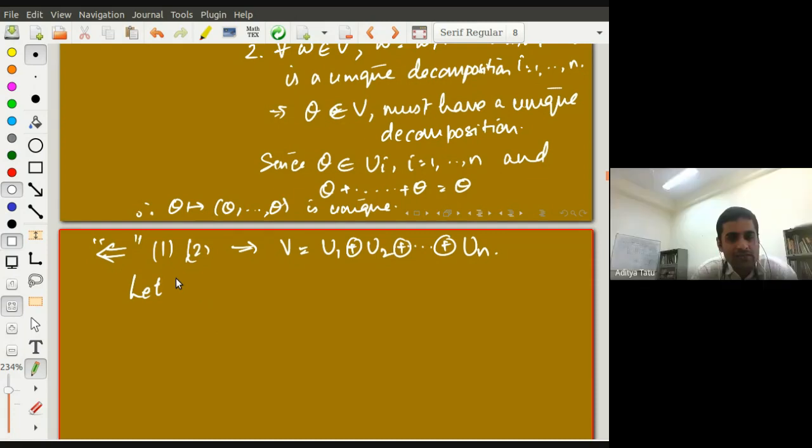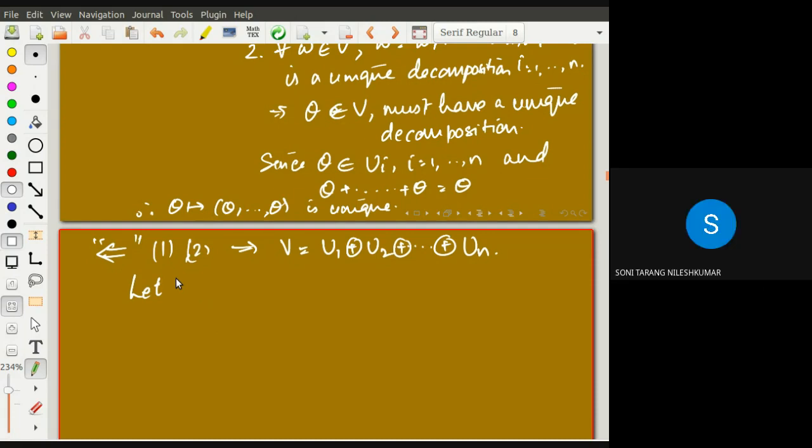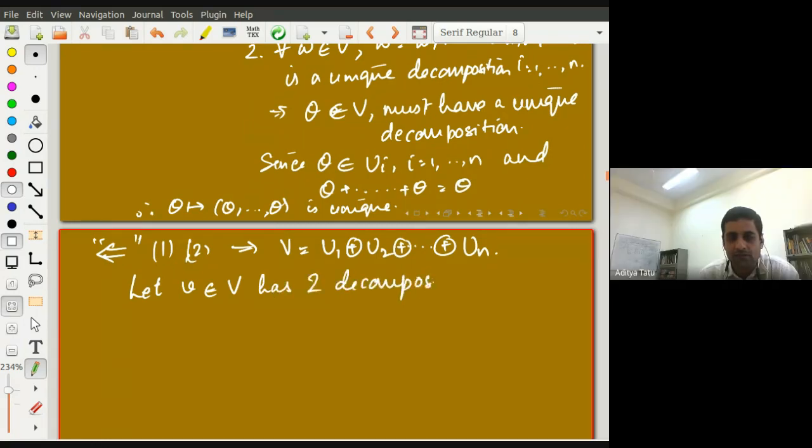Wait, sir, we assume that a vector V in the sum of subspaces has two representations, and we will prove that both representations are the same. Right. So let us say there is a vector V in the resultant vector space which has two decompositions.